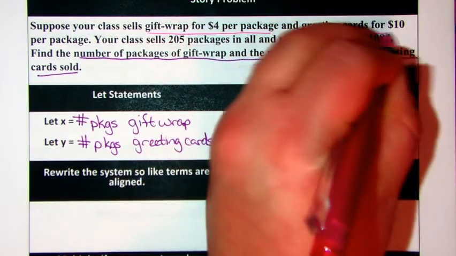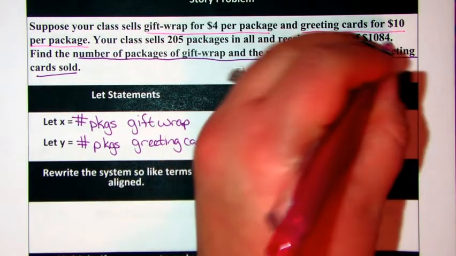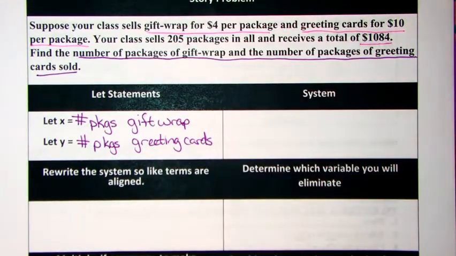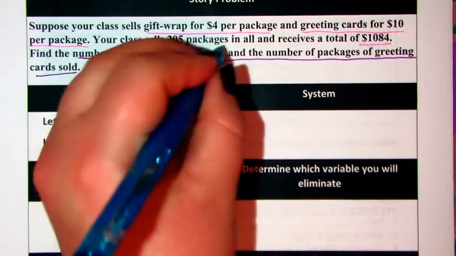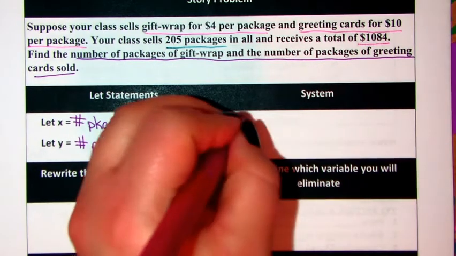So there's gift wrap for $4 per package and greeting cards are $10 a package and they raise a total of $1,084. The other kind of information that they give us is how many total packages they have. So let's focus on the money first.